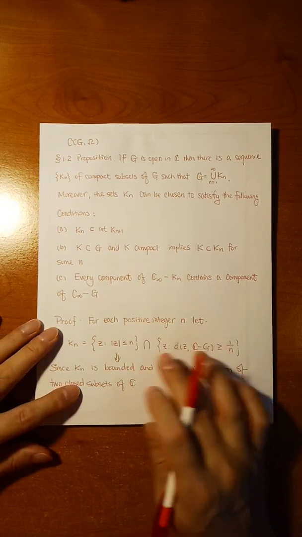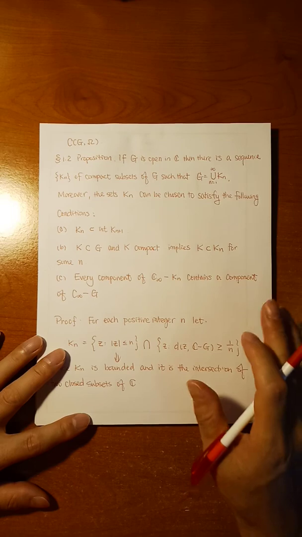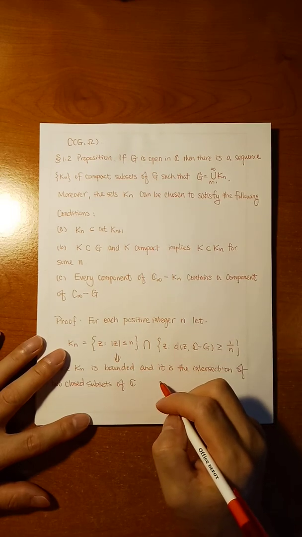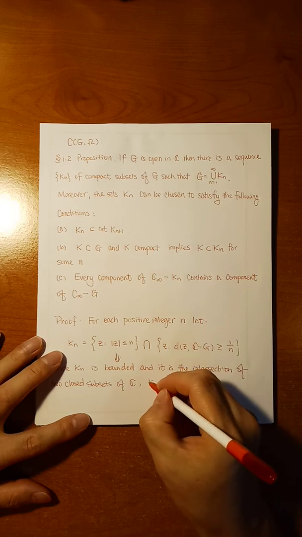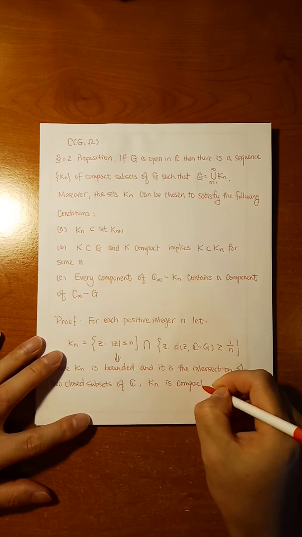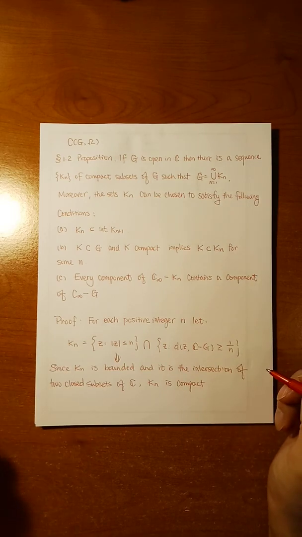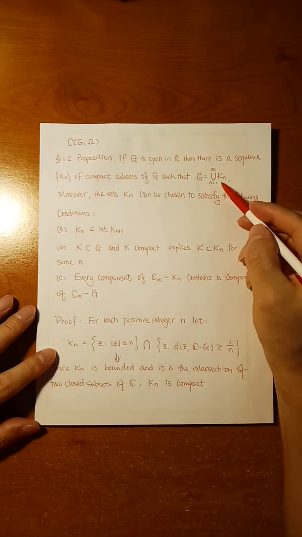So it is the intersection of two closed sets. We know that a finite intersection of closed sets is still closed. So Kn is bounded and closed, so Kn is compact. Kn is always compact, right? And so we get the first one.